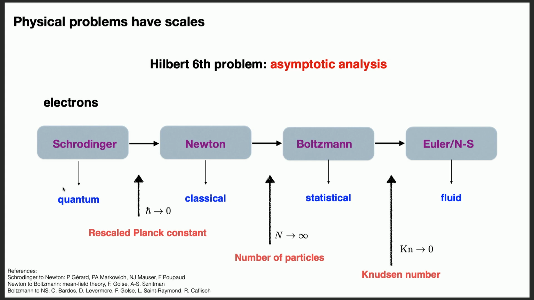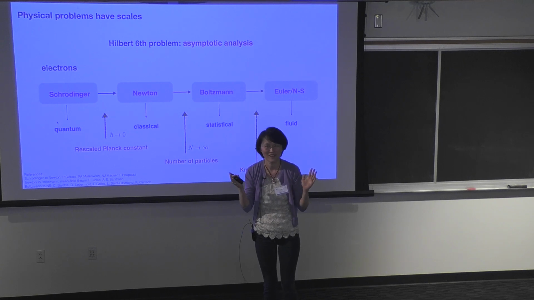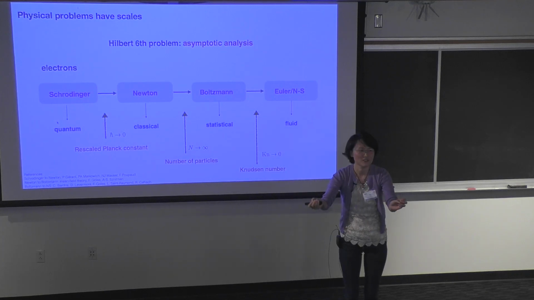One such explanation comes from Schrodinger to Newton. In the Schrodinger equation, for example, you have this small Planck constant. You Google the Planck constant, you get a number that is 10 to the minus 34, something like that. And mathematicians see this number and say, oh, it's such a small number, we can probably send it to 0.